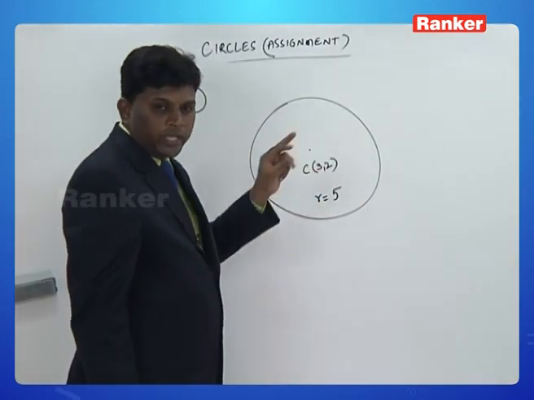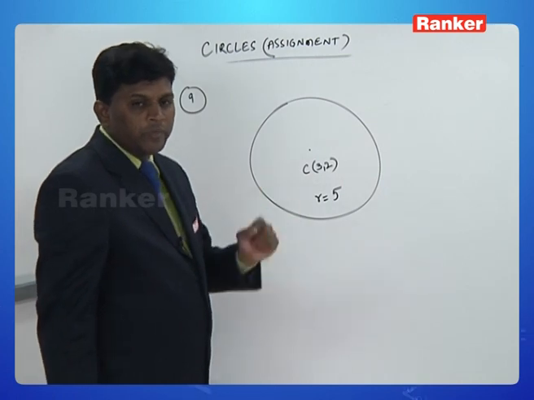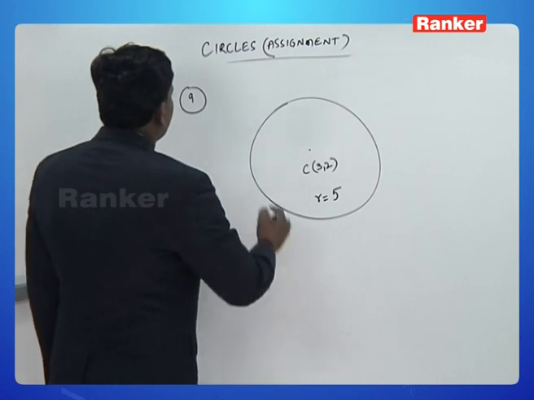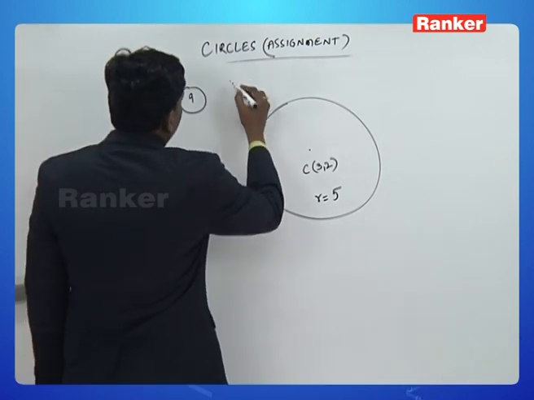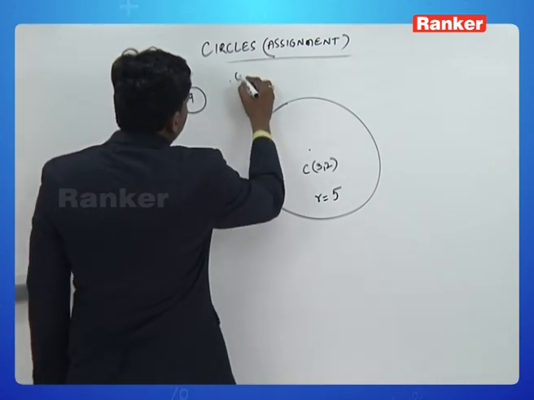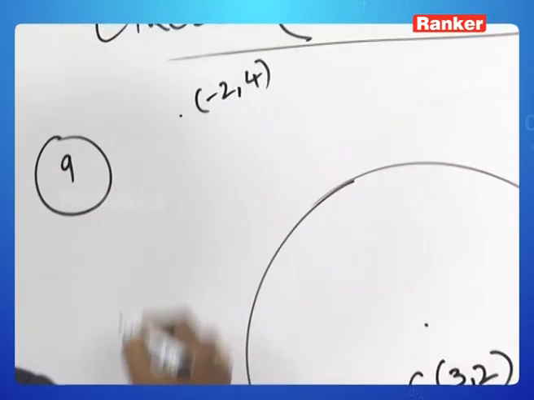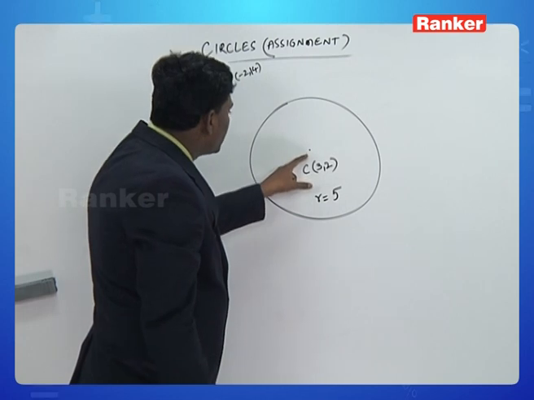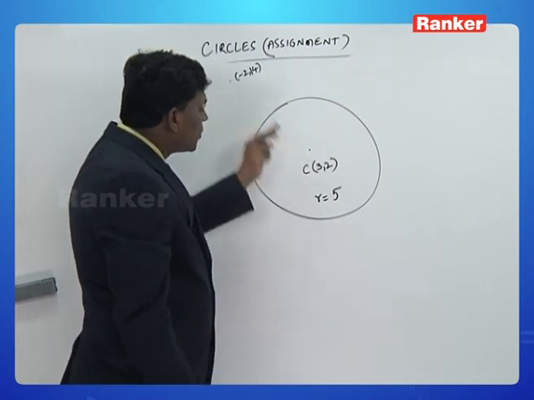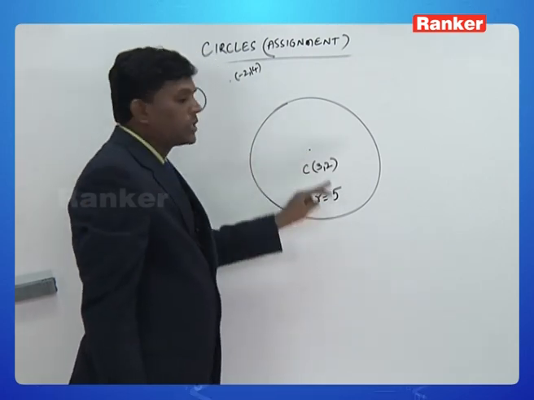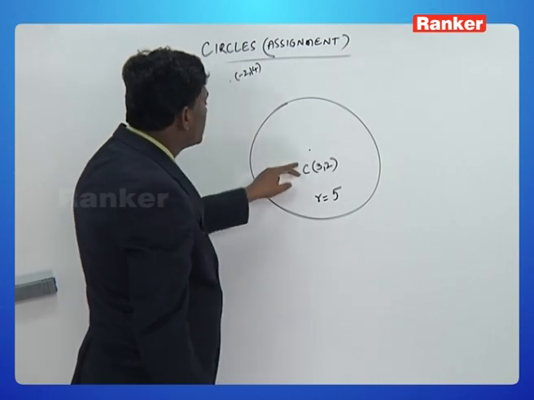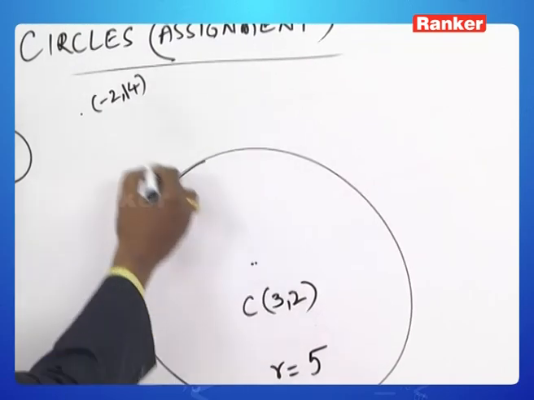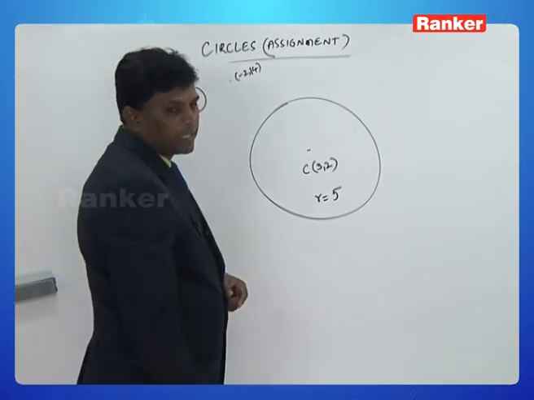Center we know, radius we know, and the given point is (-2, 14). The distance from the center is clearly more than the radius, hence the point is external to the circle.